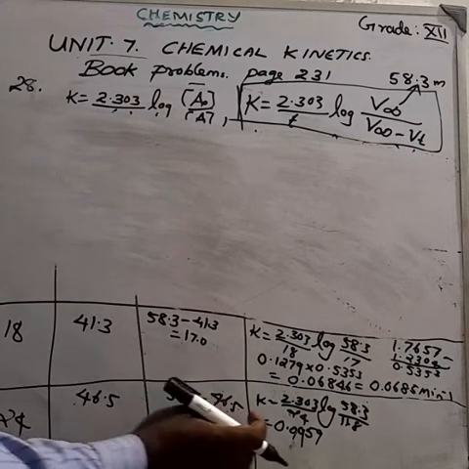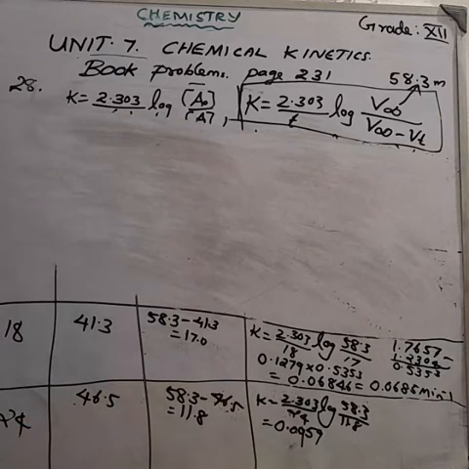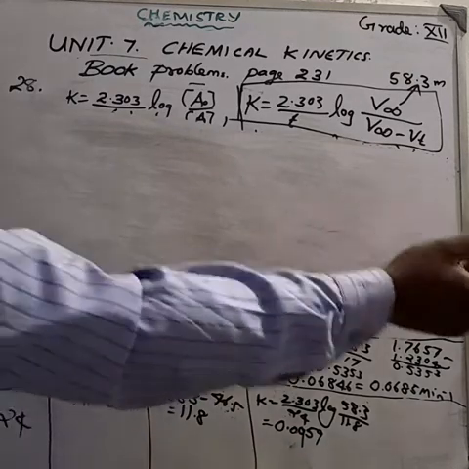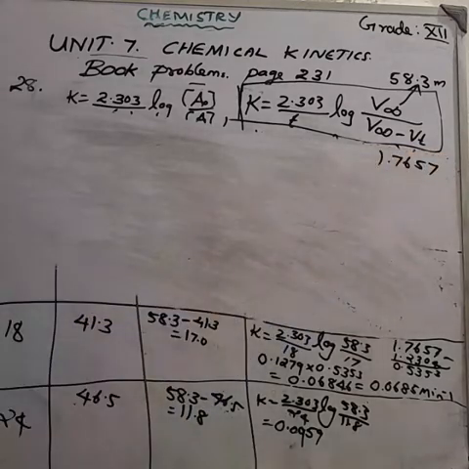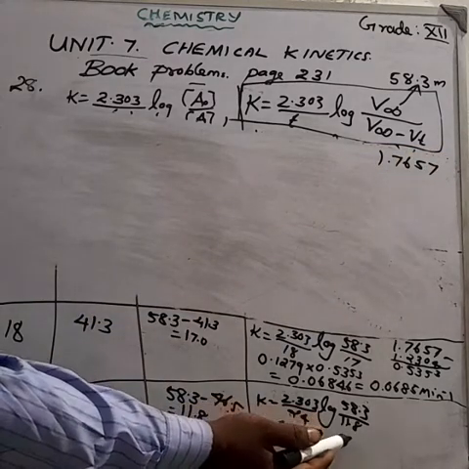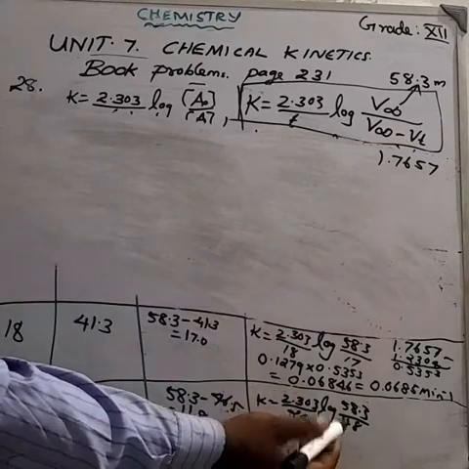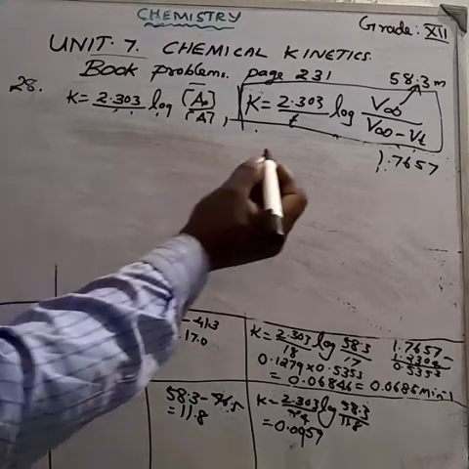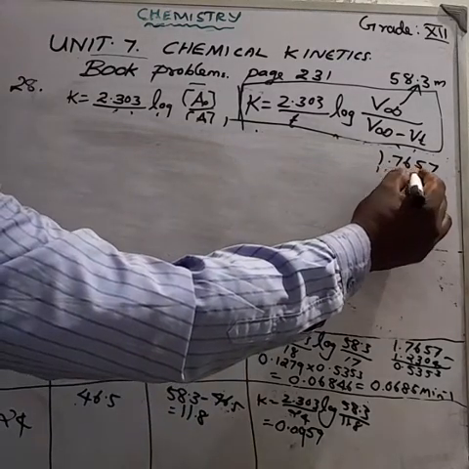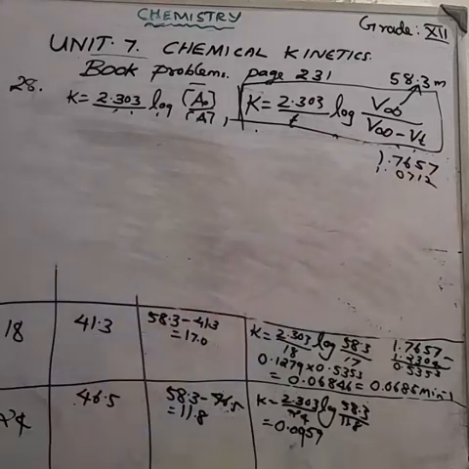Next I am going to take the log of 58.3, which we already know, that is 1.7657. Log of 11.8 is 1.0712.